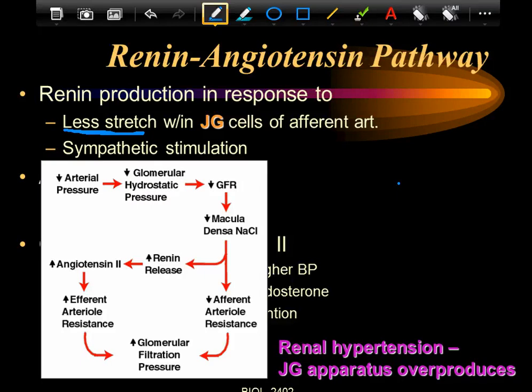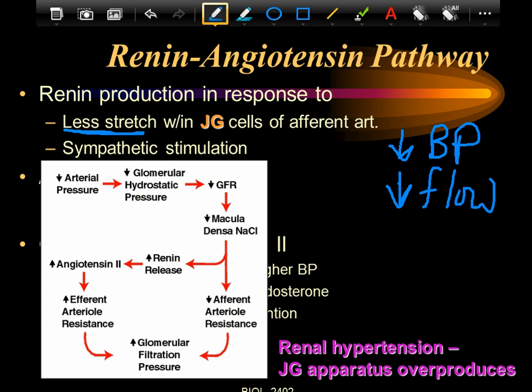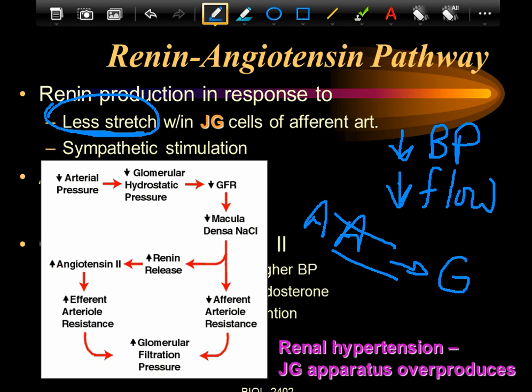All right, so if your general blood pressure goes down, remember that's going to mean less flow via the renal arteries to the kidney, and eventually there's less blood going in the afferent arteriole to the glomerulus. So if there's less flow because of less pressure, the afferent arteriole is not stretched nicely tight, like it's full of blood.